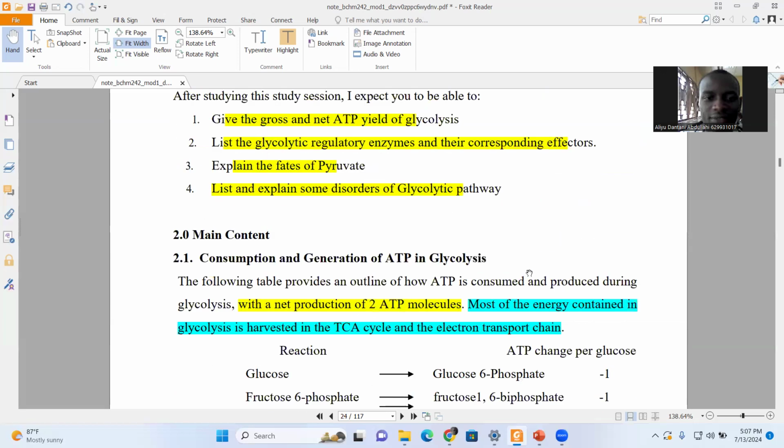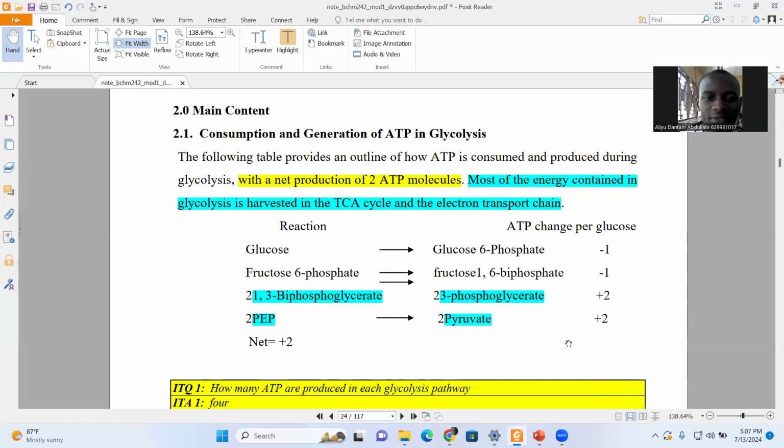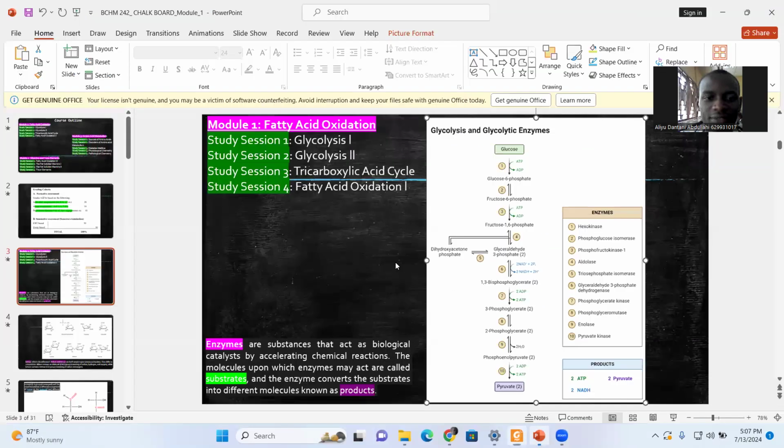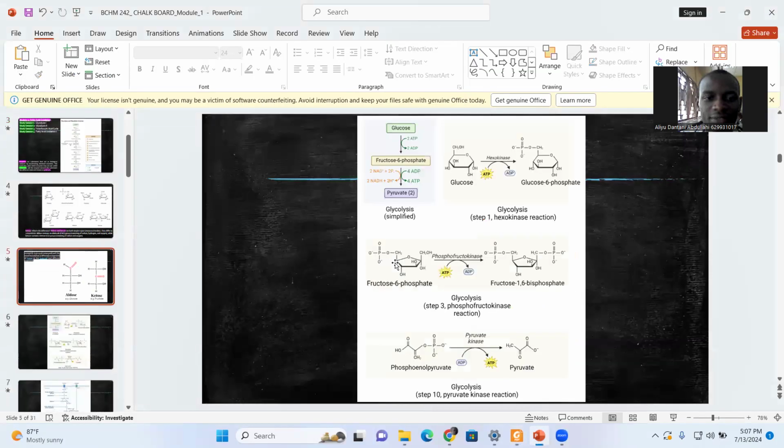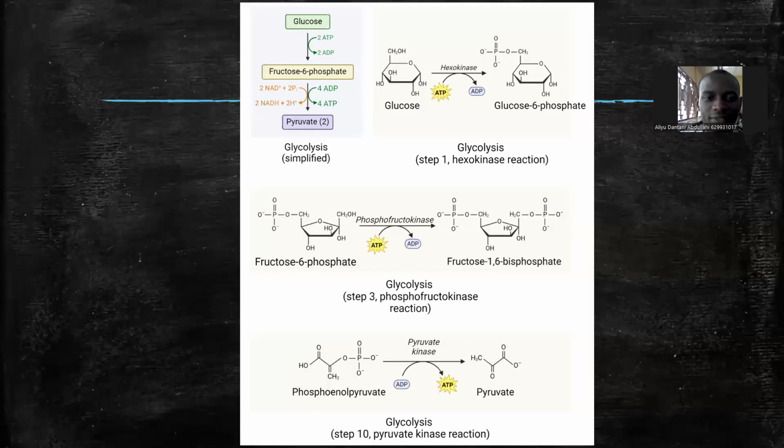Okay, so going back to this slide. These reactions summarize the checkpoints in glycolysis, those 3 reactions that can be regulated because of the enzymes. Now, this is the first, glucose to glucose phosphate, by hexokinase. All right.